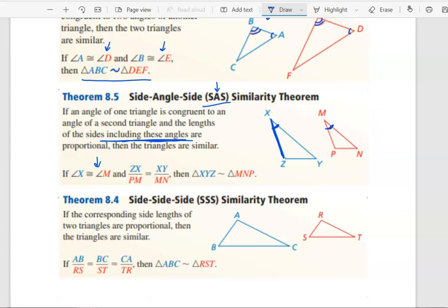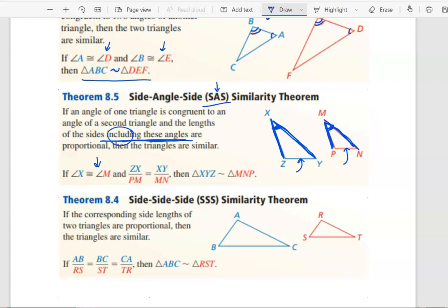XZ has to be proportional to MP. See how they're corresponding and around the angle. And then XY has to be proportional to MN. See how they're corresponding and they form this angle. It doesn't have to be anything with this side. In fact, if it's something with that side, we can't prove that these triangles are similar. It has to be the sides including the angle.